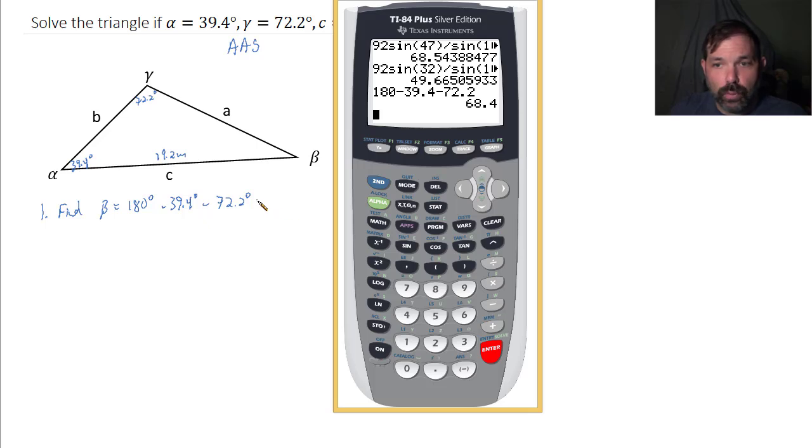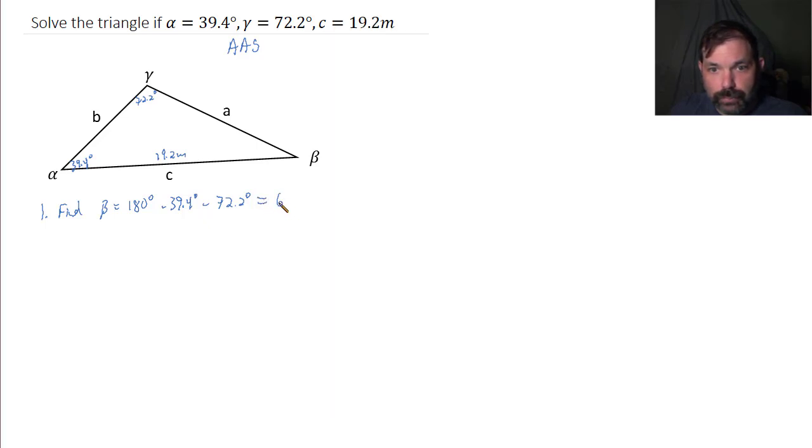So that's 68.4 degrees. Okay, so that's beta. All right, let me put that in here, 68.4 degrees.